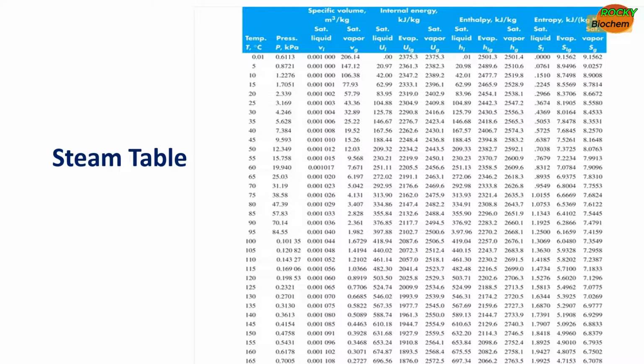The only thing that we read from the saturated liquid column is the steam that is exiting as a saturated liquid. Aside from that, any other thing is read from the saturated vapor column. So that is all I want you to take good note of. Now I can continue with the other calculations.